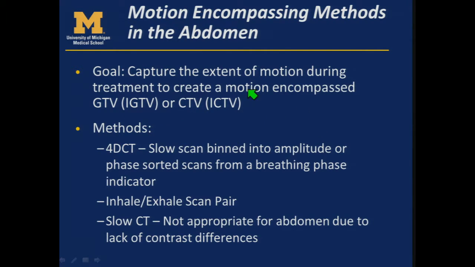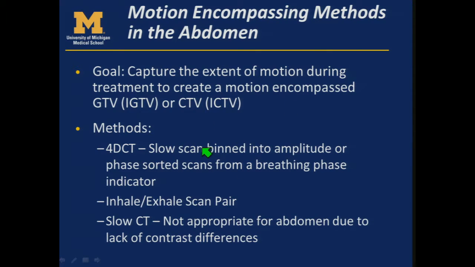So ICRU recommendations, of course, would be that the ITV is the motion encompassed CTV, but I think in many places, especially looking at SBRT, where we may not have a CTV, the motion encompassed GTV is what many of us refer to now as the ITV. So in many new NRG trials or RTOG trials, we're switching over to IGTV and ICTV to make it a little more clear.